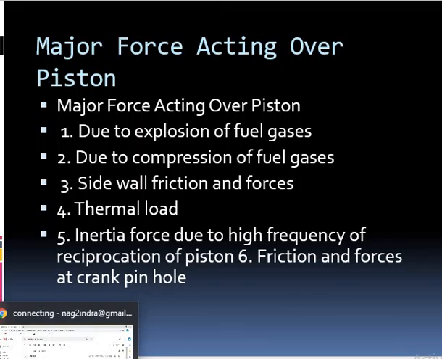Another one, the fourth, is thermal loads. Thermal loads means the heavy loads an IC engine carries, the exhaust gases and burnt gases; these forces we call thermal loads.